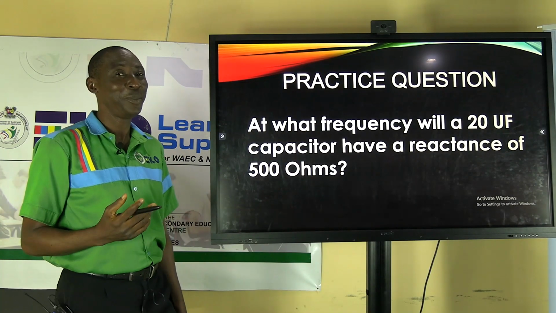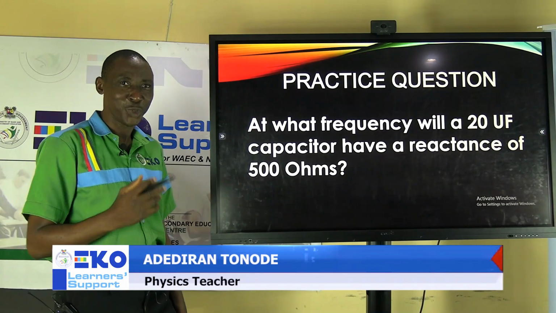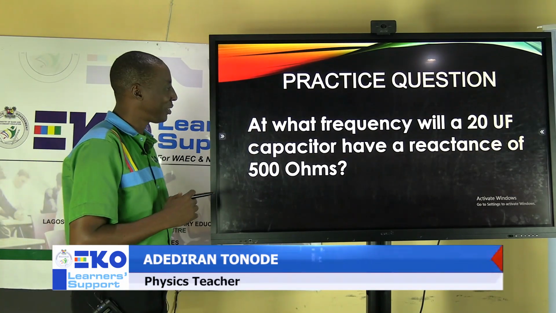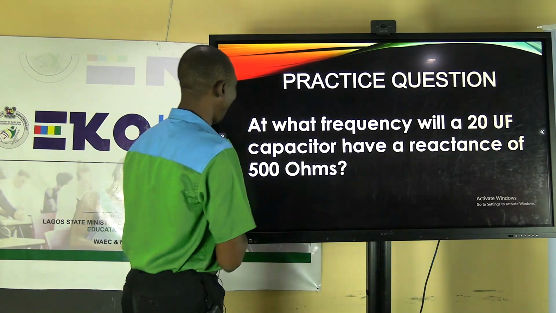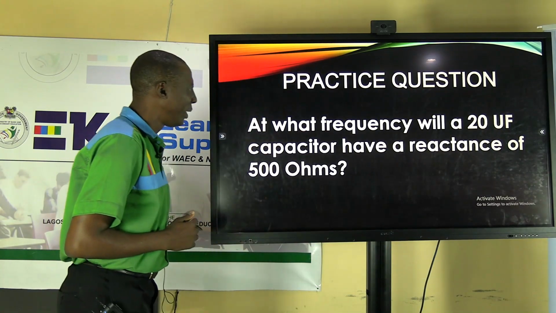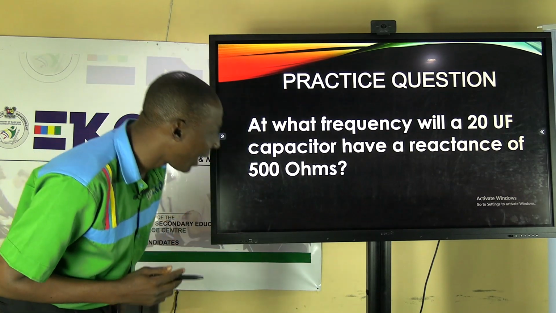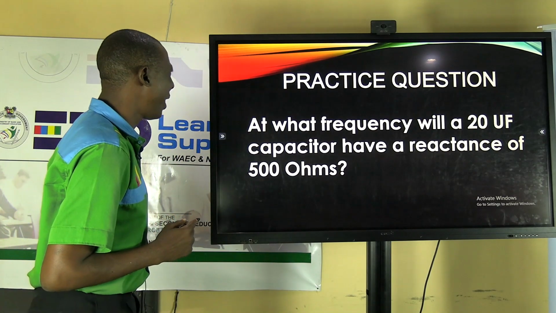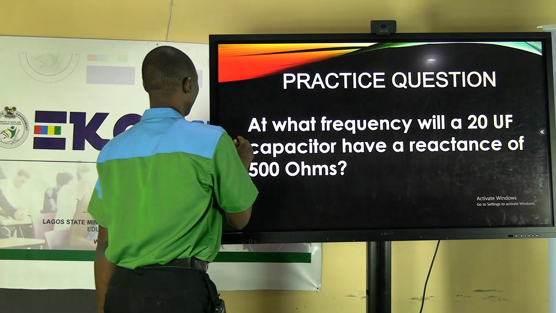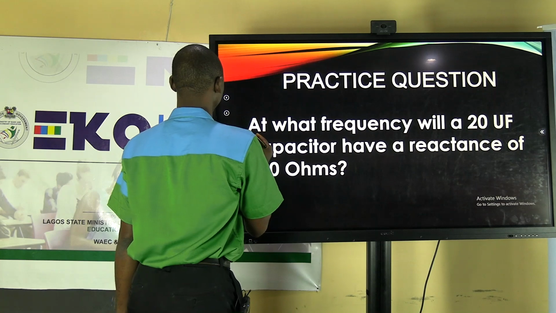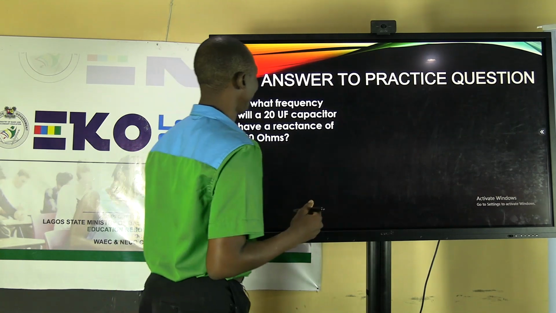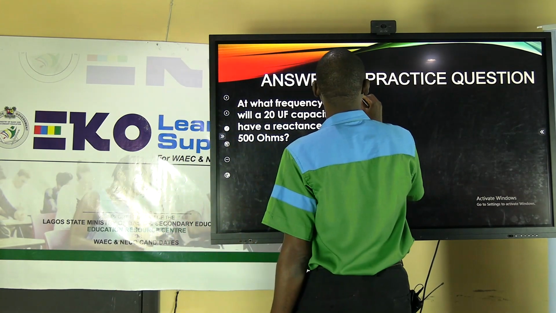I know within me that you have done justice to it. However, let's look at it together. At what frequency will a 20 microfarad capacitor have a reactance of 500 ohms? Solution.